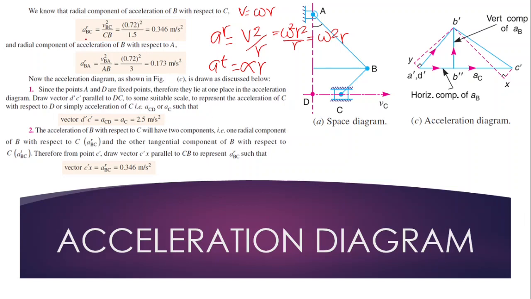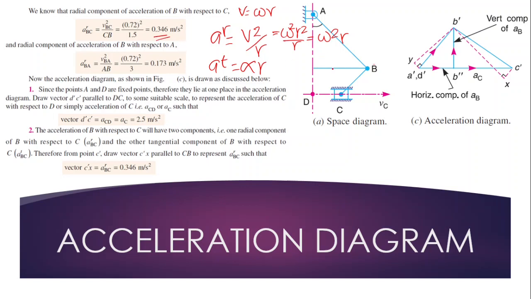Here we first calculate the radial component of acceleration of B with respect to C. That's equal to V square by R. Here VBC square divided by CB or BC, that's equal to 0.346 meter per second square.